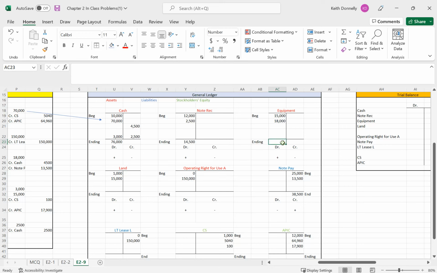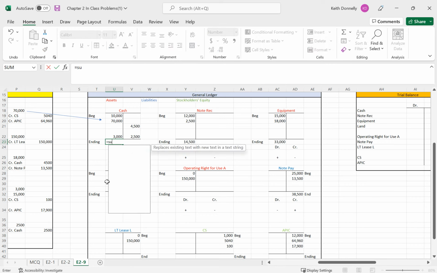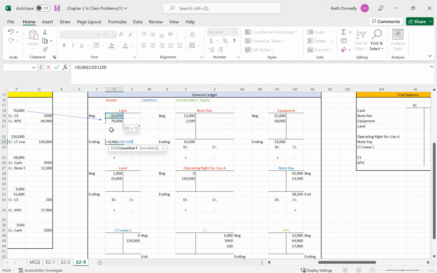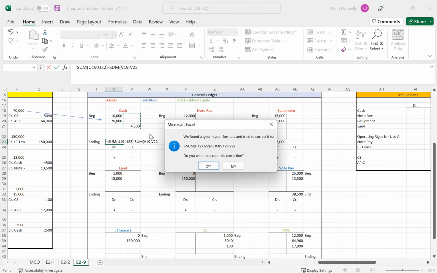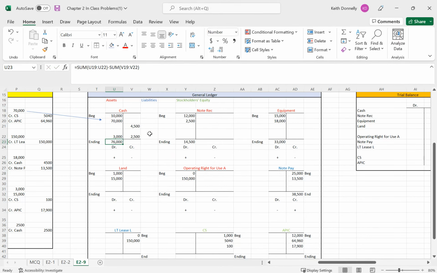All right, and you could use a formula here for the simple ones, right? You could just sum up the sides. Another way you could do this, right, for cash, that you could just copy this formula all the way through is, right, equals the sum of this minus the sum of that column. 76, right?